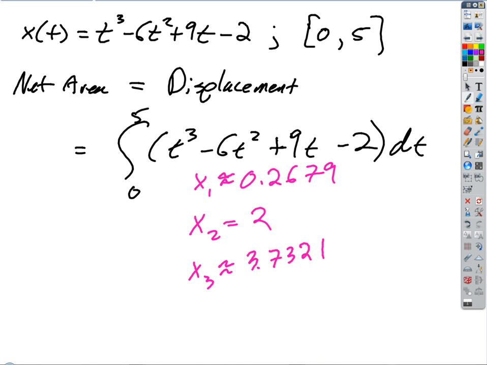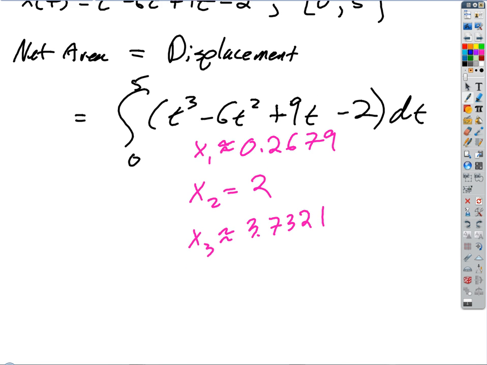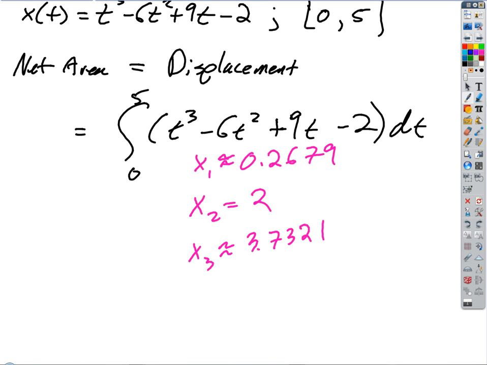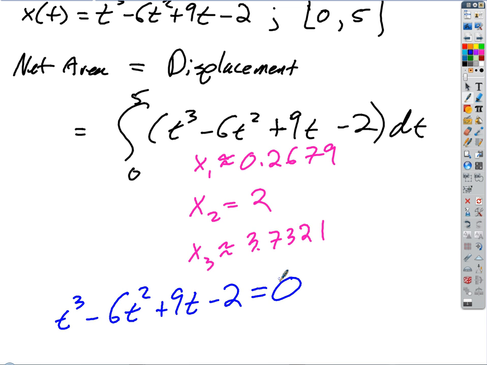Normally we would have said y versus x, but now we have x versus t. So really all we're doing is taking that original function, not x, t cubed minus 6t squared plus 9t minus 2 equals 0, right?